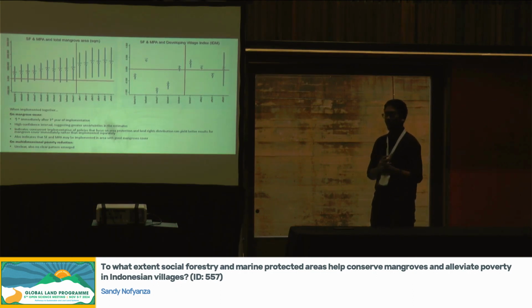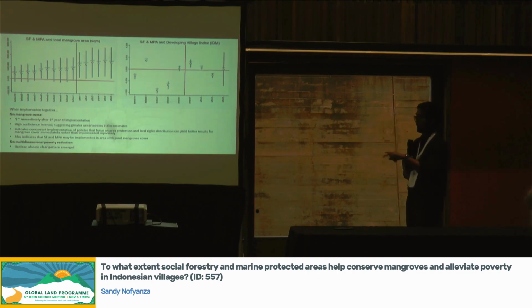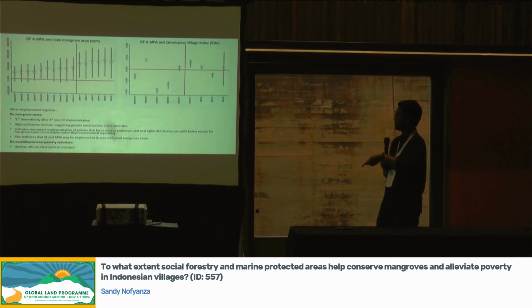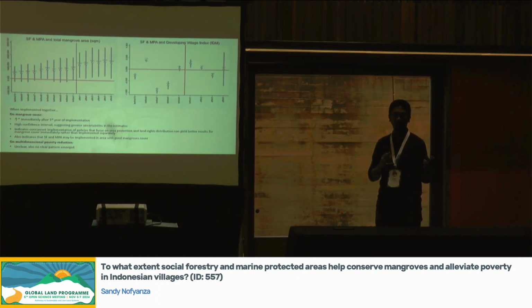And when I see the trend, it looks like some of the areas with both implementations already had good mangrove forest cover in the first place. Other than that, for the poverty reduction, there's no good pattern as of this point.